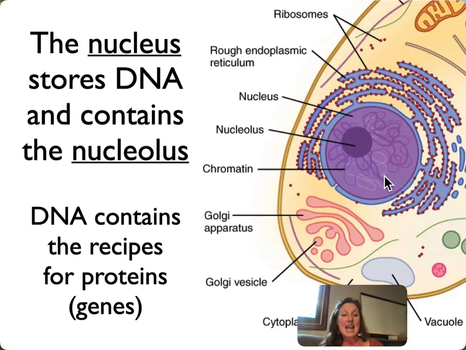Now, DNA contains the recipes for making all the cell's proteins. Each recipe is what we call a gene. So this is like a giant cookbook. If you read or hear that the nucleus is the control center of the cell, know that that is not the case.